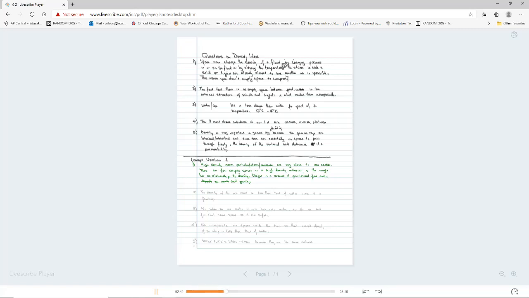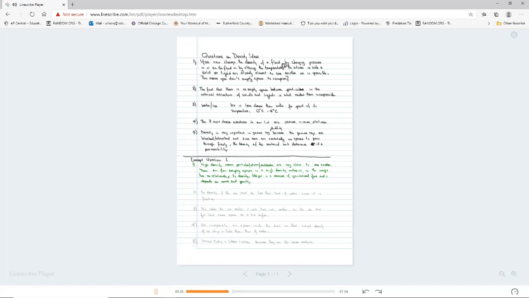So be aware of that. So an atom of nitrogen and an atom of iron have different weights because they have different numbers of protons, neutrons, and electrons. Doesn't matter how close or how far apart you put them. Each one is dependent on its own internal structure.